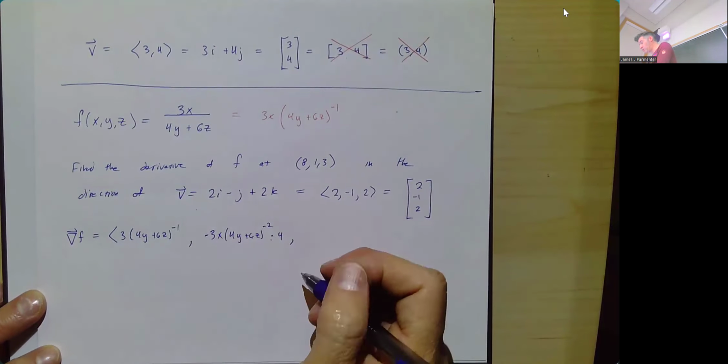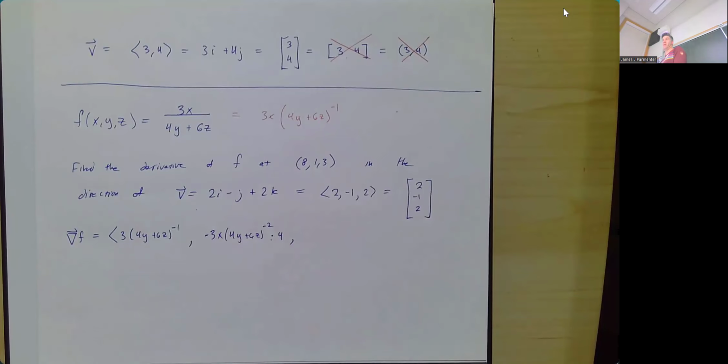Similarly, you should all be able to figure out what the partial derivative with respect to z is. It should be almost the same, a little bit different. I'll give you 20 seconds.